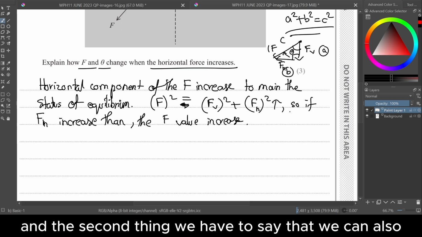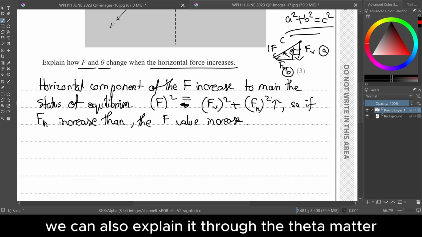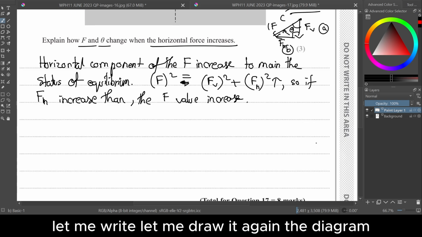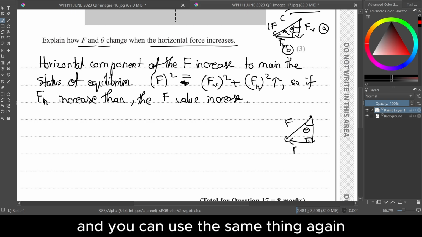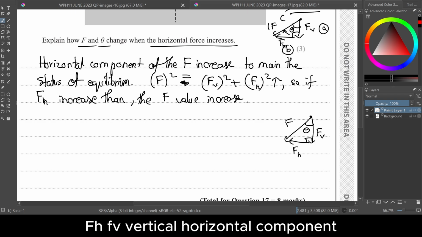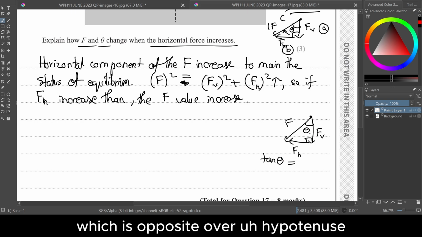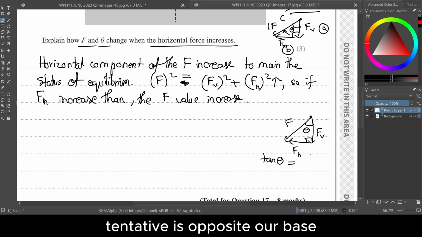And the second thing we have to say is that there's a second way as well. We can also explain it through the theta matter, right? Sine cos theta. So let me draw the diagram again. You have F here, this right angle, theta, and you can use the same thing again, FH and FV, horizontal and vertical components. Now you can use the tan theta formula, which is opposite over base.